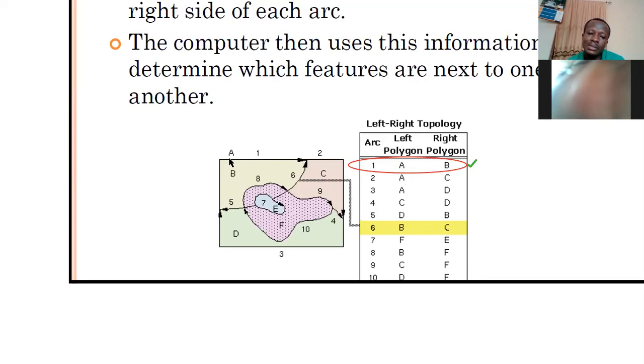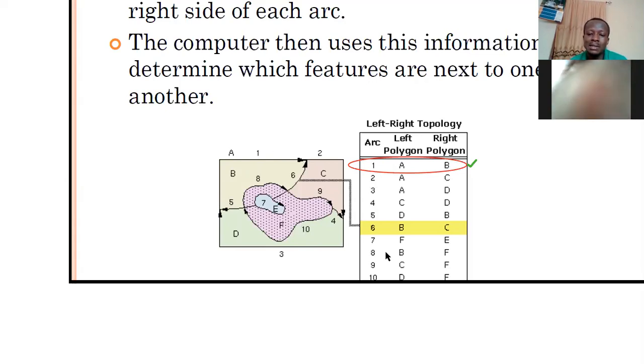If you were walking along this arc and turned to the left, you'd see A, this outside area. When you look to your right, you see polygon B. So the letters are the polygons and the numbers are the arcs, or the lines.